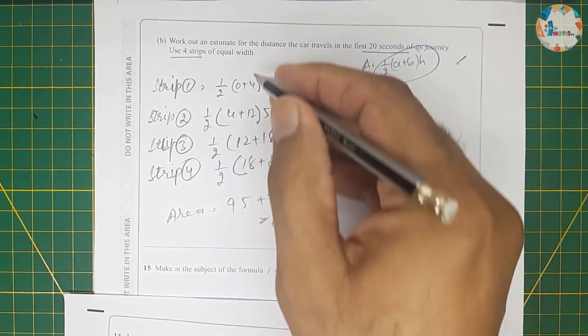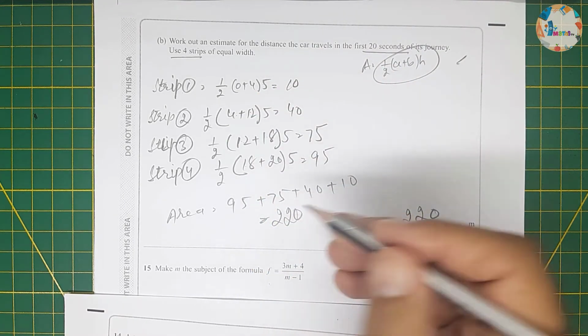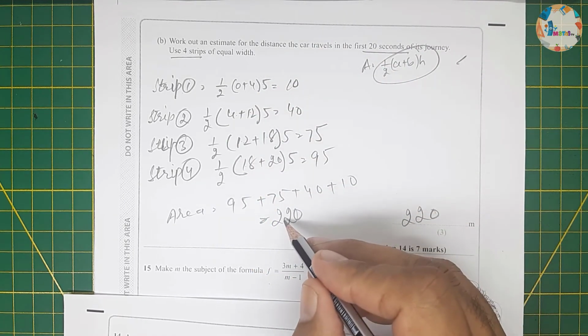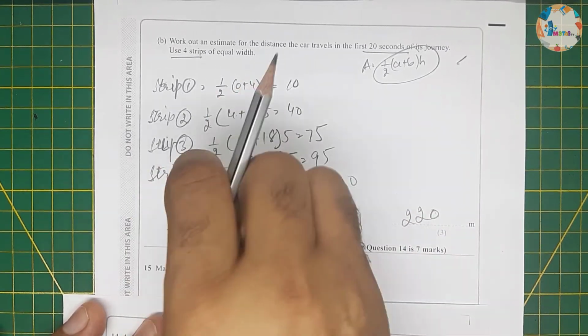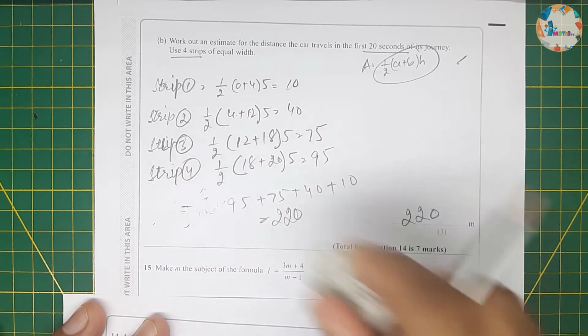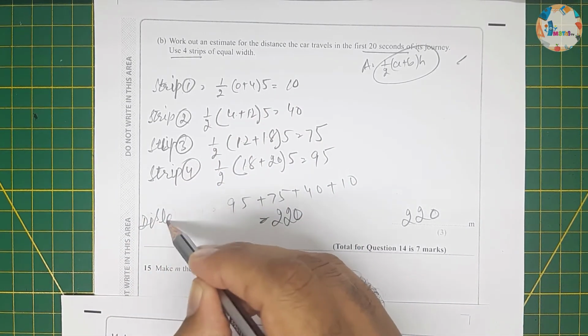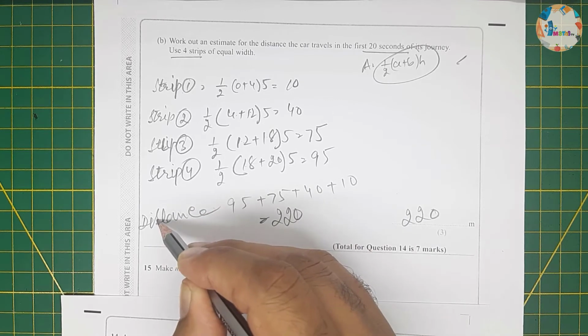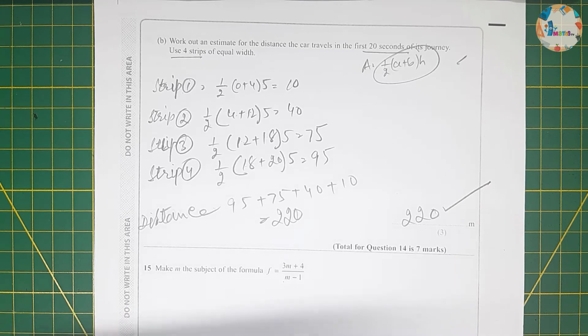This will not be the area, as the strips will be giving us the distance. So adding the areas gives us the area under the curve, which will be the distance covered. So distance will be equal to 220 meters.